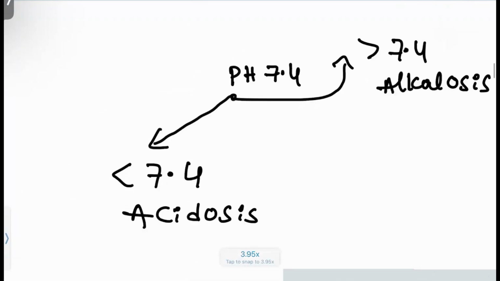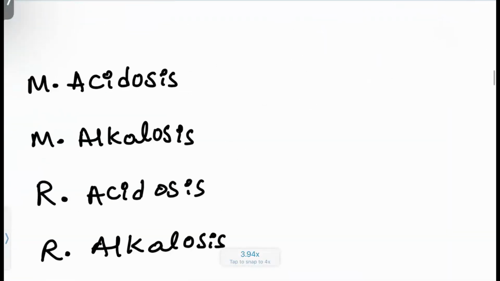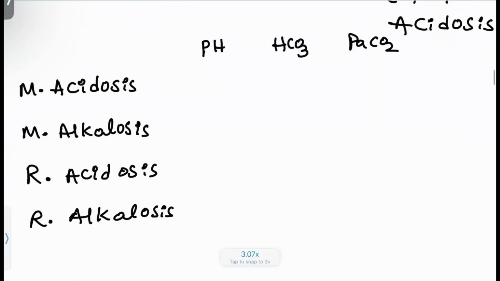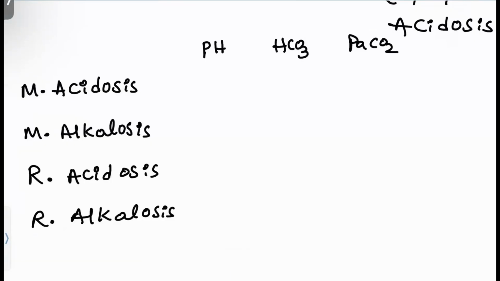But how can we interpret these 4 kinds of disorders, guys? See, when your pH is low, this is your acidosis, right? At the same time, your metabolic content, the HCO3, is also going to decrease, and the same with the PaCO2. All the values are decreased, then it is your metabolic acidosis. Coming to metabolic alkalosis, your primary defect, the pH, is higher, that is your alkalosis, and HCO3 is also going to rise, and PaCO2, as compensation, is also going to rise.